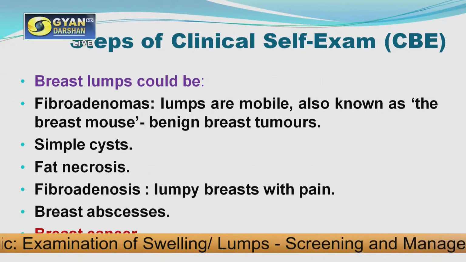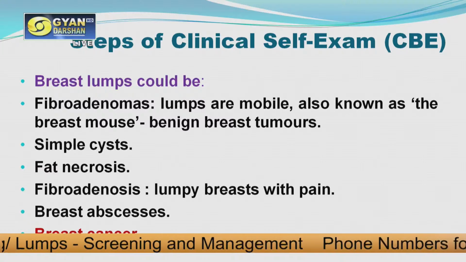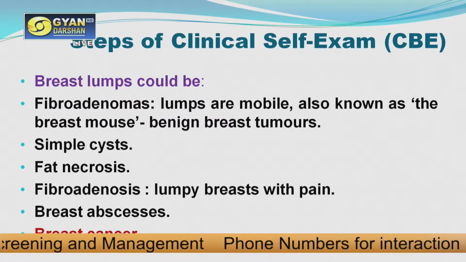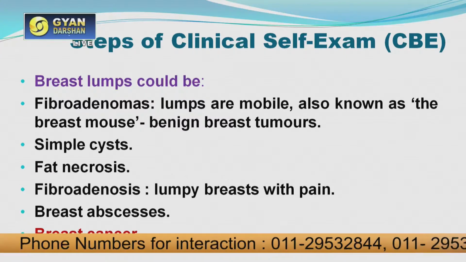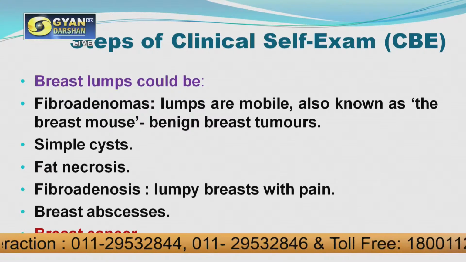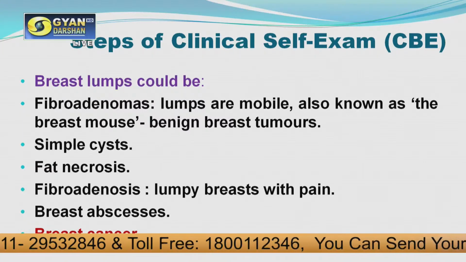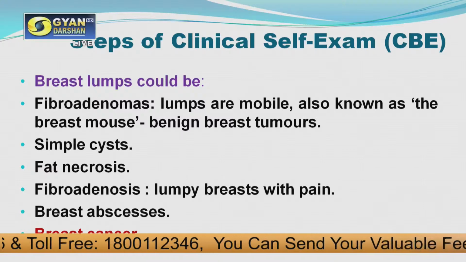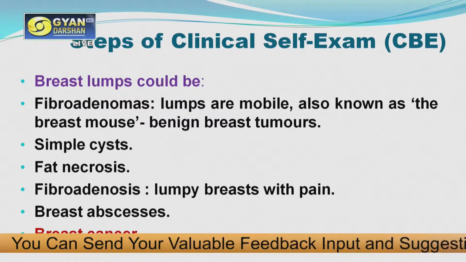Then the lump can be a simple cyst also, and it can be fat necrosis, like some deposit of fats in the breast. It can be fibroadenosis, like lumpy breast with pain, and breast abscess, where there can be some pus formation in that lump.